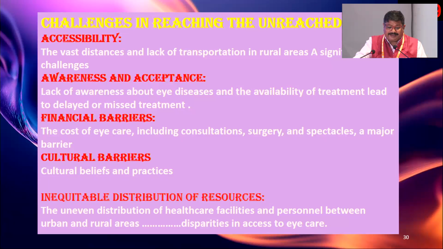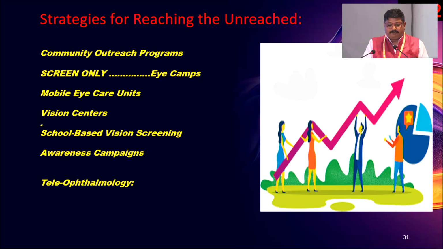We need to have access to the service. We need to be aware, and we have to accept it also. Financial barriers are being overcome by the PMJAY Yojana, but it is still unreachable in some areas. Cultural barriers are still there, and inequitable distribution of resources. These are a few challenges in reaching the unreached in India, especially the backlog of blindness.